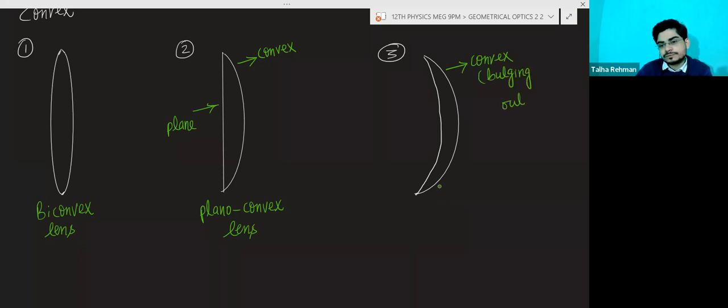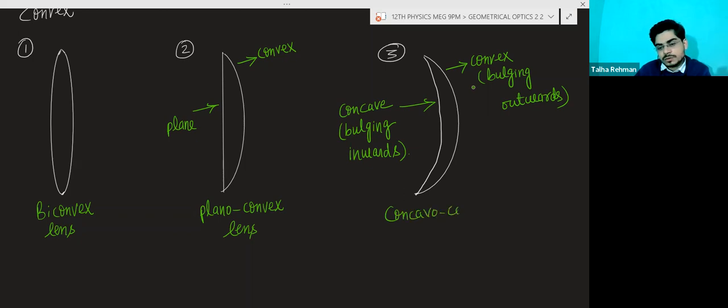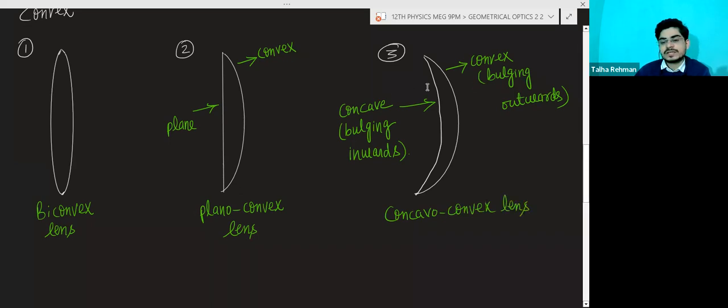Now see this surface. This surface is a concave surface, bulging inward. So this lens is known as a concavo-convex lens.